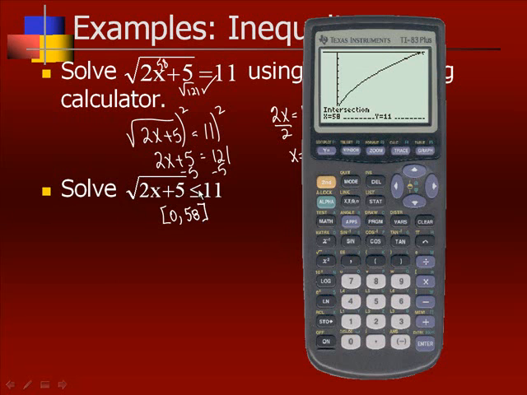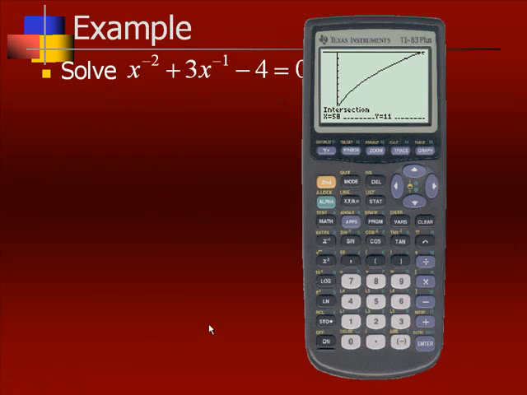Then we'll put a bracket because of the or equal to. Same thing on that one. The square root of 2x plus 5 is greater than or equal to 11. Well, the graph is going to start rising above that 11 line once we hit that 58. So in that case, we would go from 58 to infinity.